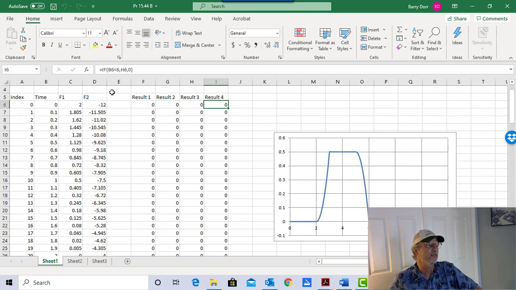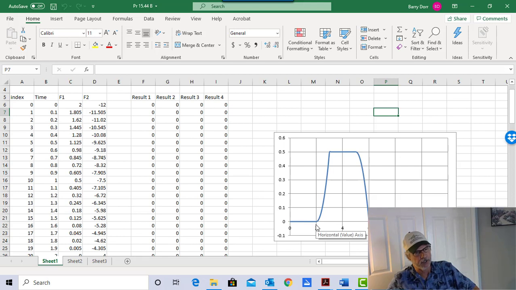I look at the result of each one, and then I use the if statement to determine what region I'm in, and out it pops. I'm 0 below 2. I am a half from 3 to 5, and I'm 0 above 6. So that's the exact plot.